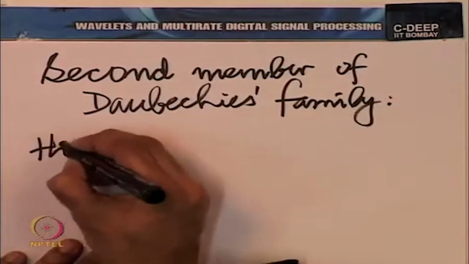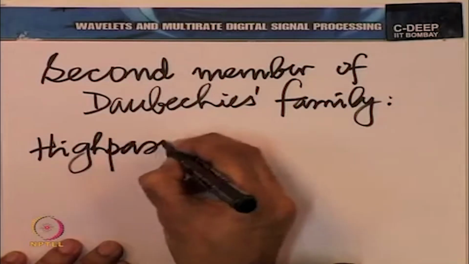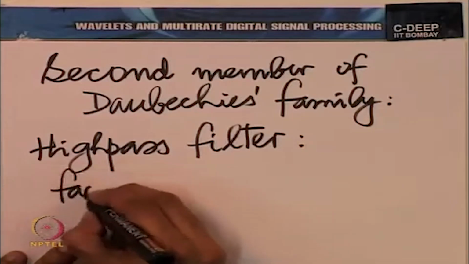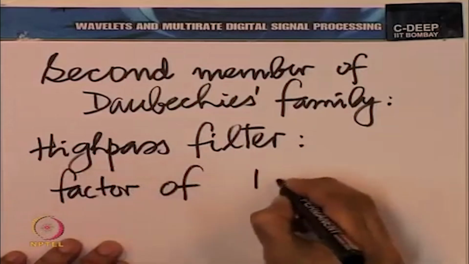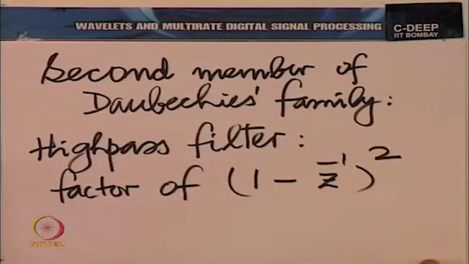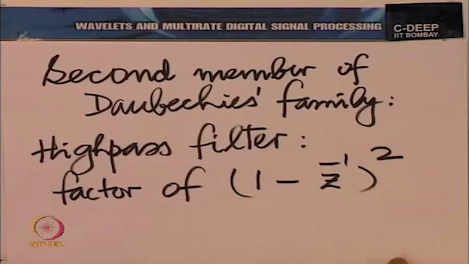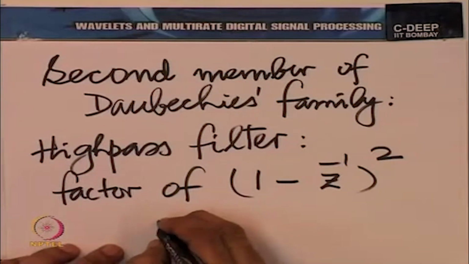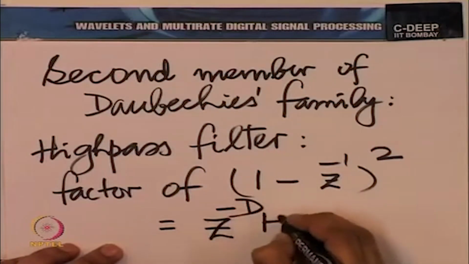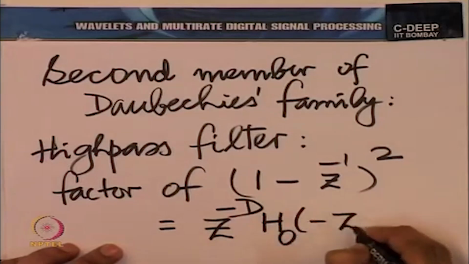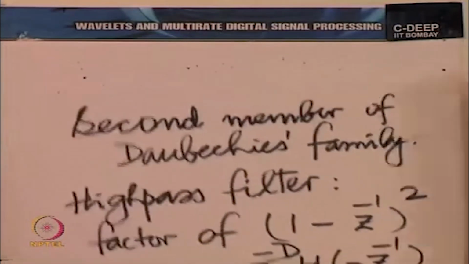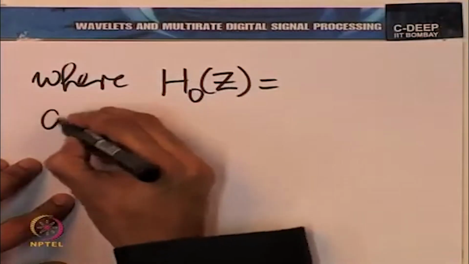The high pass filter would have a factor of 1 minus z inverse the whole squared. And therefore, if we look at the low pass filter, remember the high pass filter was essentially of the form z raised to the power minus D H 0 of minus z inverse, where H 0 z is the corresponding low pass filter.